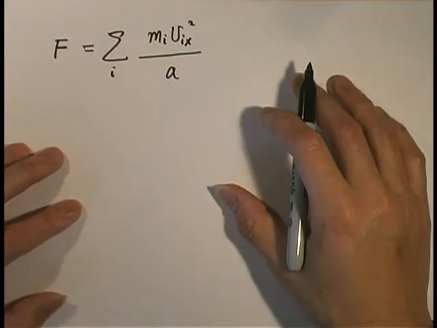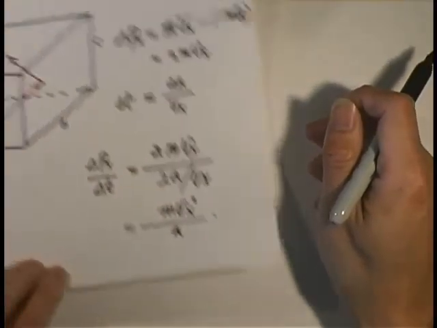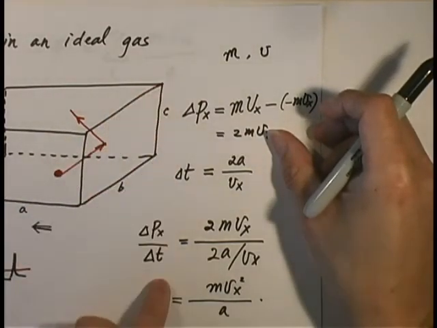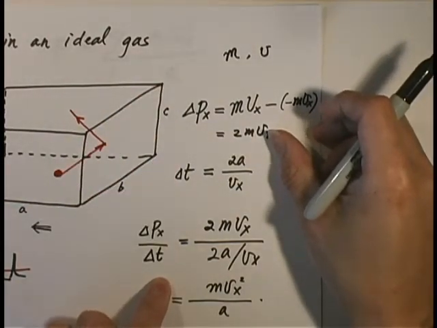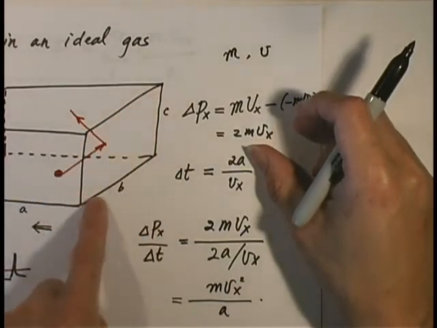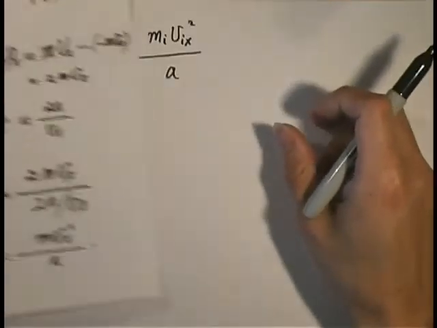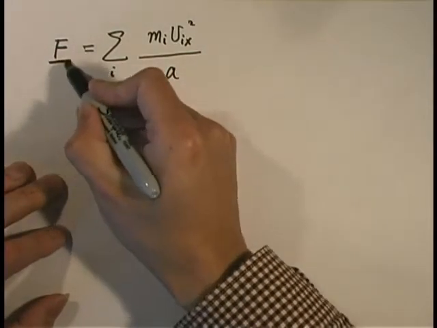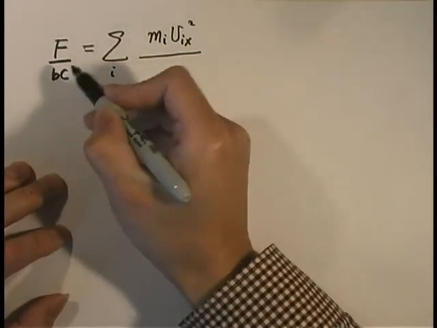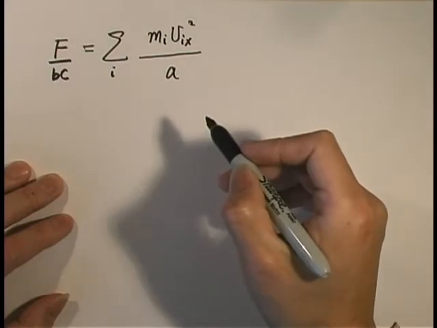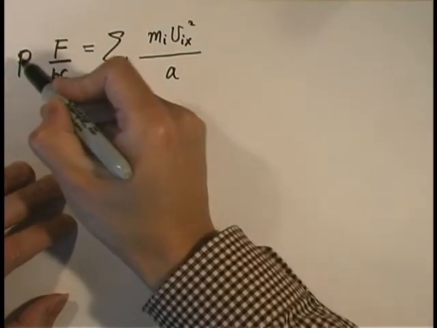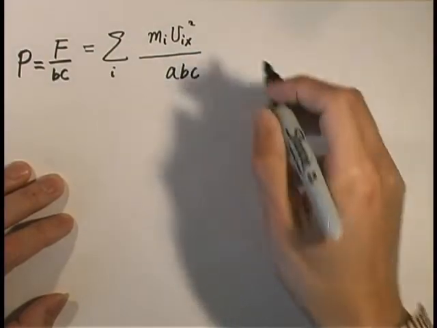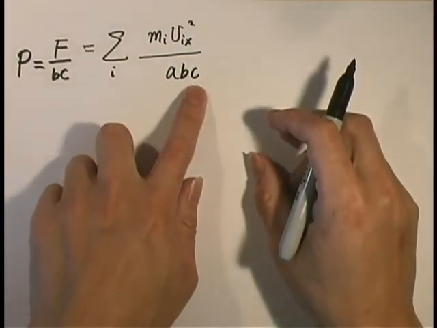How do I find the pressure? Okay, let's take this back. The force exerted on this wall, right? How do I get the pressure? I have to divide this by the area of this wall, right? Area of this wall, which is B times C. So what I'm going to do is divide this by B times C. This will give me the pressure exerted on this wall, P. So B and C. So you have A, B, and C. What's A, B, and C?